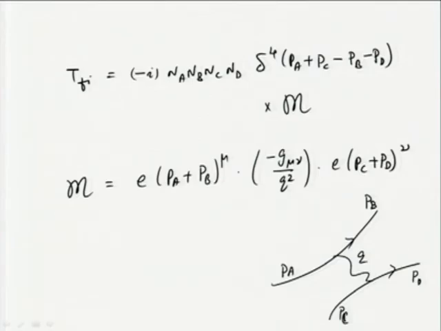Then n_A, n_B, n_C, n_D are the normalizations associated with that. We will come to that.